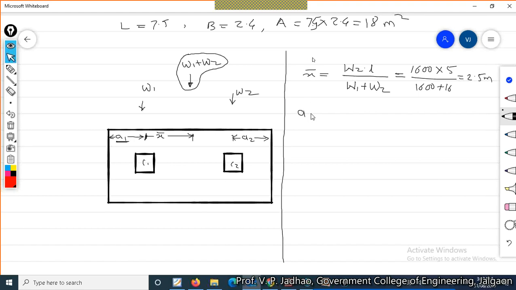We have A1 plus x bar is equal to L by 2, where L is equal to 7.5 meter. Therefore, put the value of x bar and L by 2 in this equation. We get A1 plus x bar, 2.5 meter, is equal to L by 2, that is 7.5 divided by 2. Therefore, A1 is equal to how much?